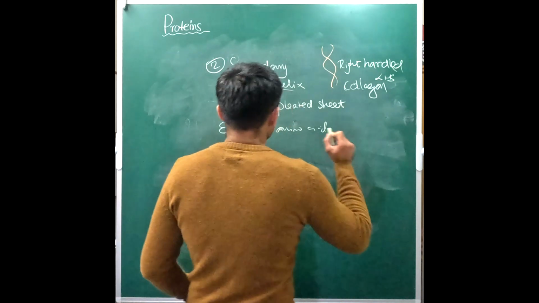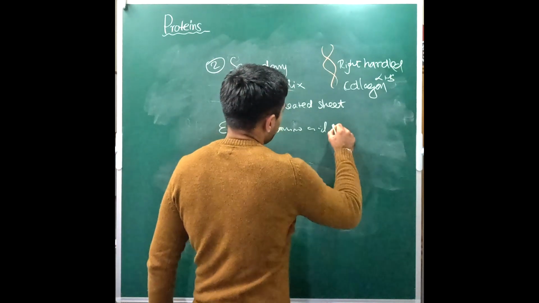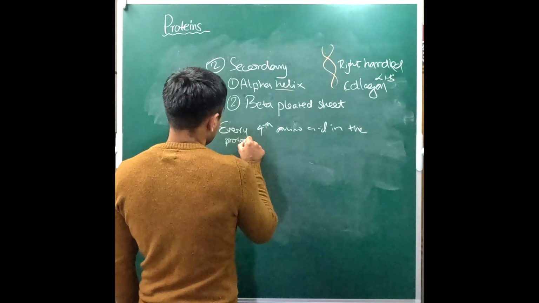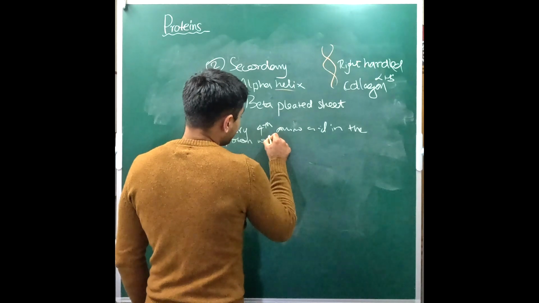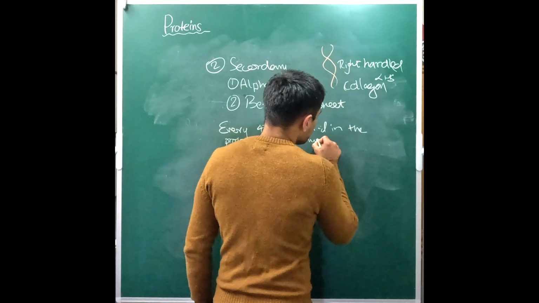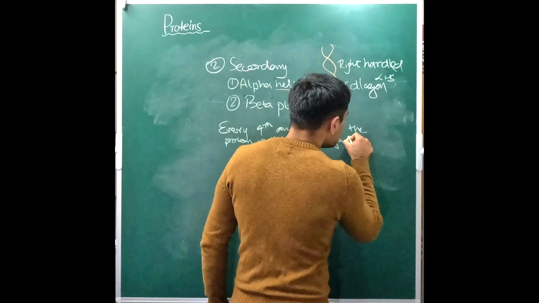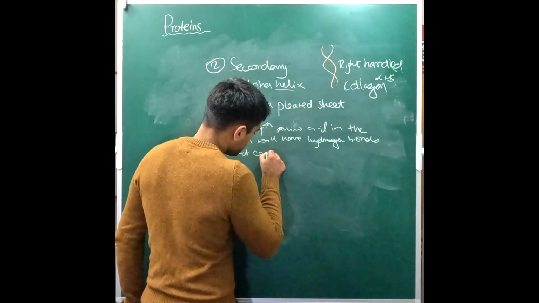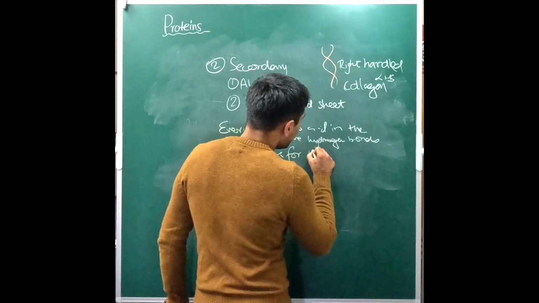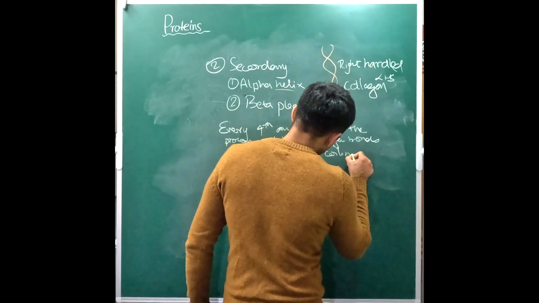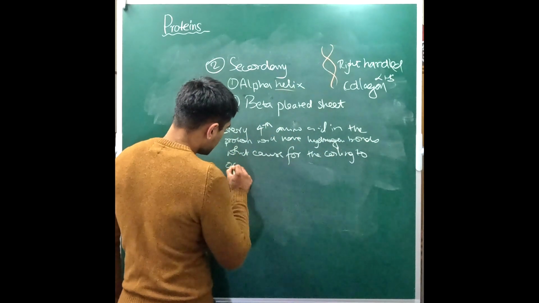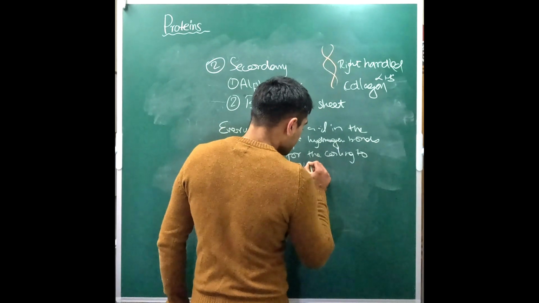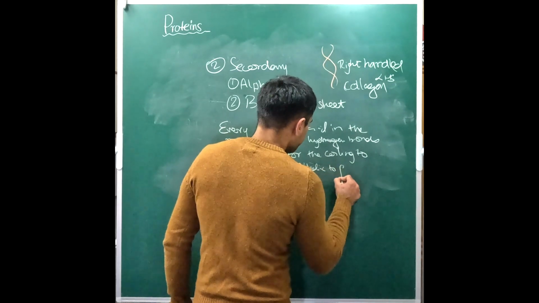Yeah. So every fourth amino acid in the protein will have hydrogen bonds, which cause the coiling to occur, and thus the alpha helix to form.